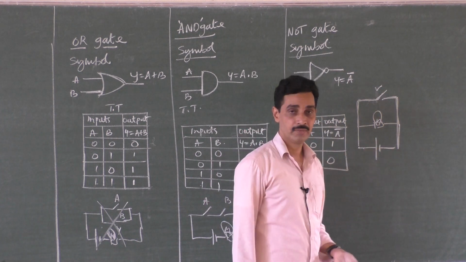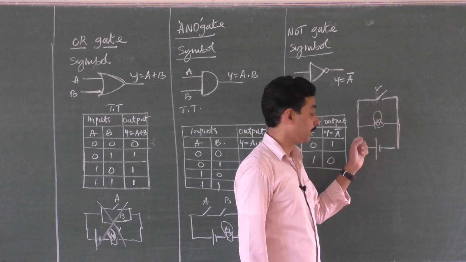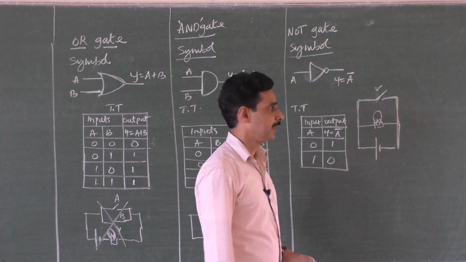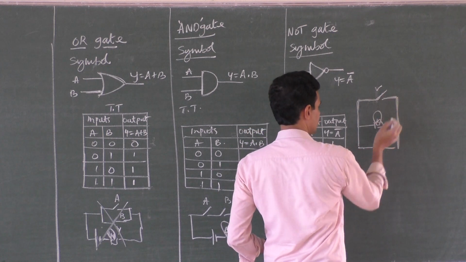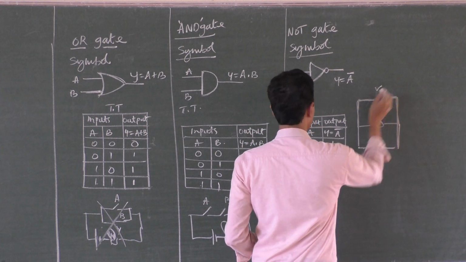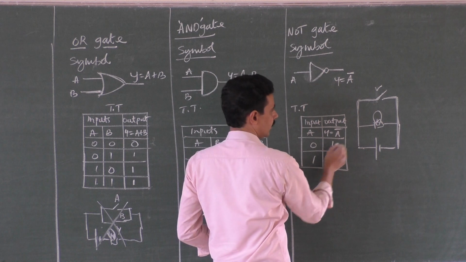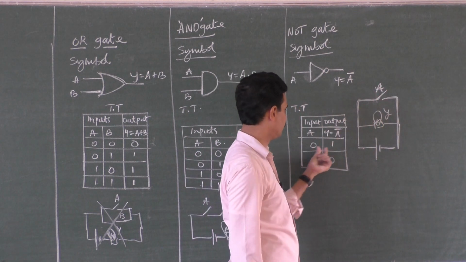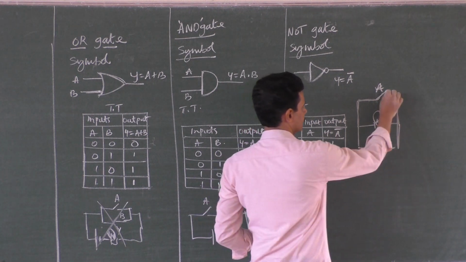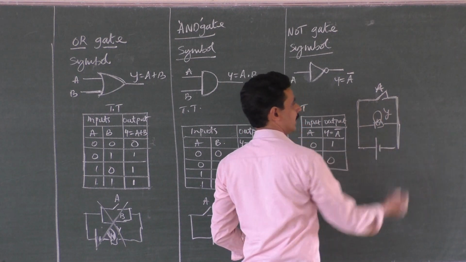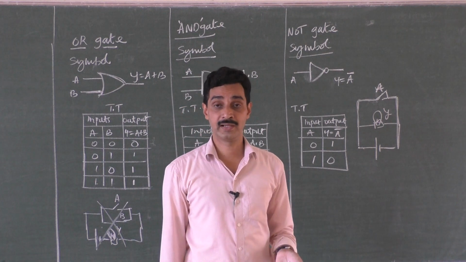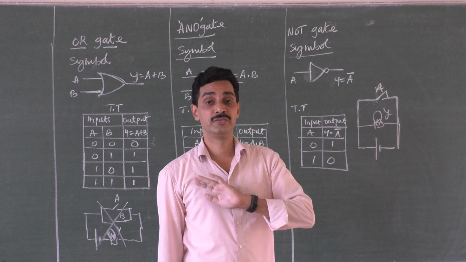Now the bulb is safe because current flows through only the bulb. The battery has to supply current to the bulb only. This is A. When the switch is off, the bulb is on. When the switch is on, short: the battery is in short circuit, heavy current flows through the battery and the bulb is fused.